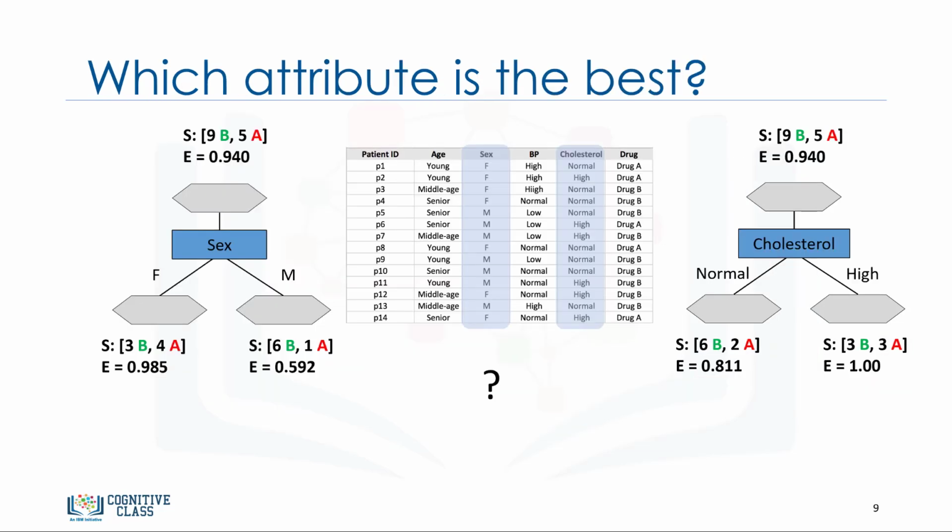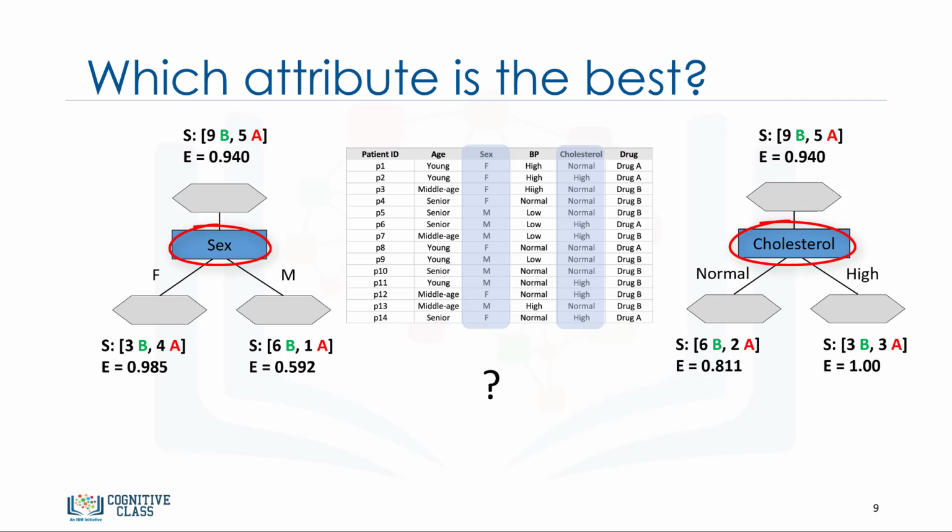Now, the question is, between the cholesterol and sex attributes, which one is a better choice? Which one is better at the first attribute to divide the dataset into 2 branches? Or, in other words, which attribute results in more pure nodes for our drugs?